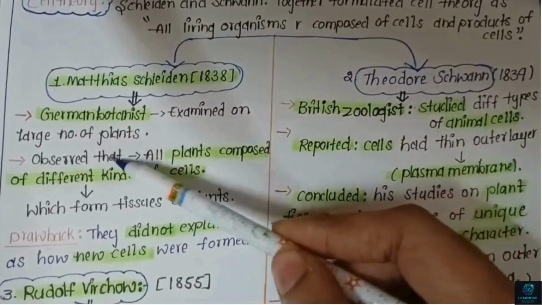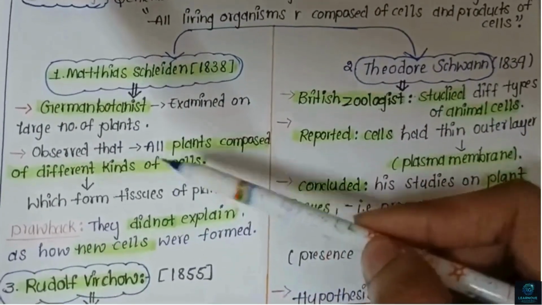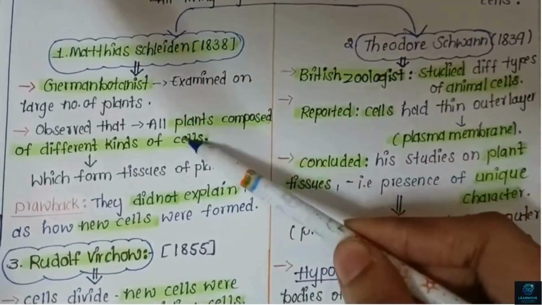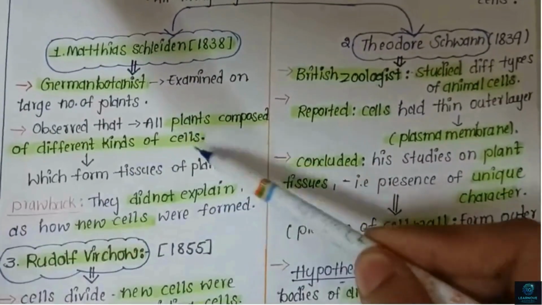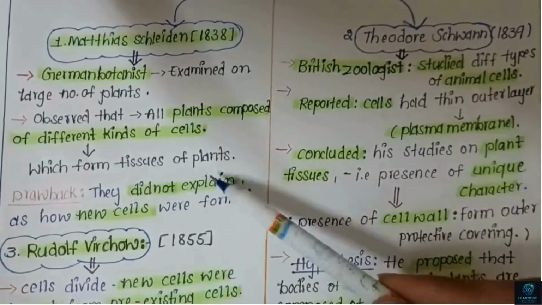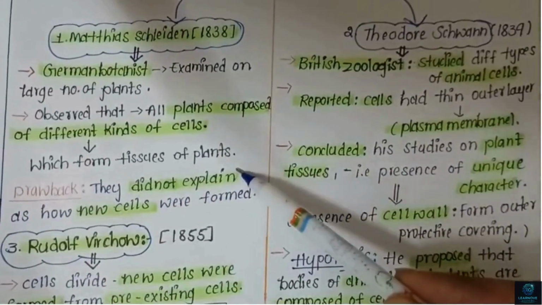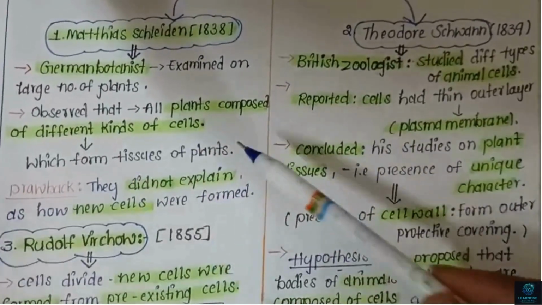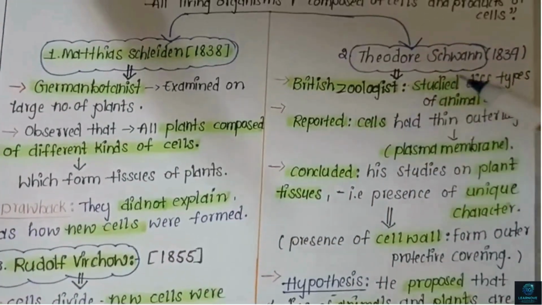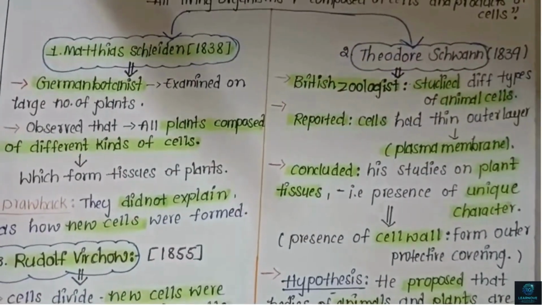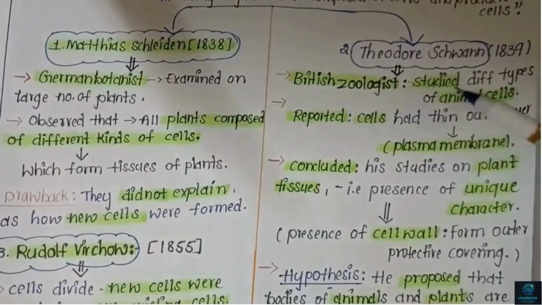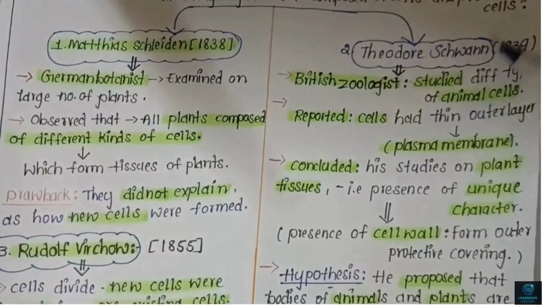He is a German botanist who examined a large number of plants and observed that plants are composed of different kinds of cells which form tissues of plants and perform various functions like photosynthesis in the plant cells.